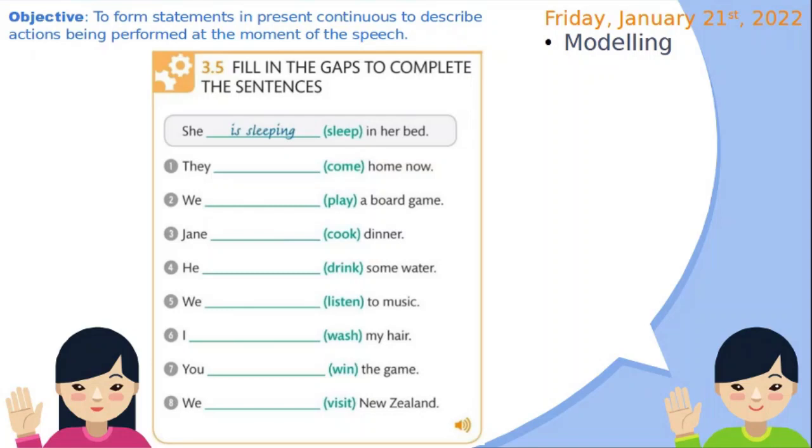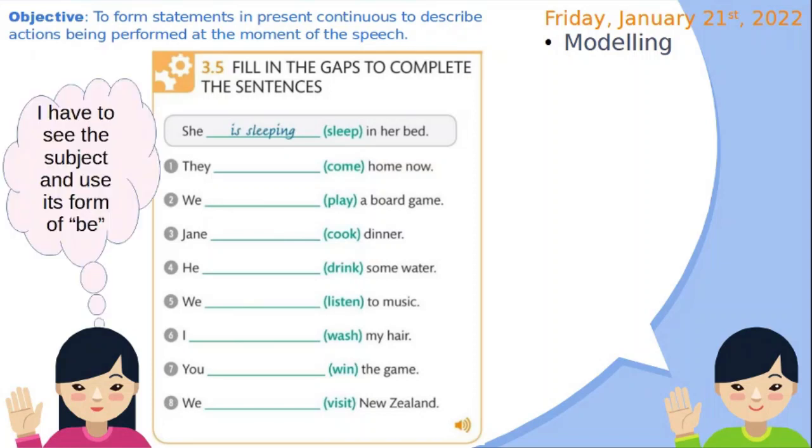Y tengo que llenar el gap, el espacio, con the sentence. Complete the sentence. Okay. So, in the first moment, I have to see the subject and use its form of be, the correct form of the present simple of be.